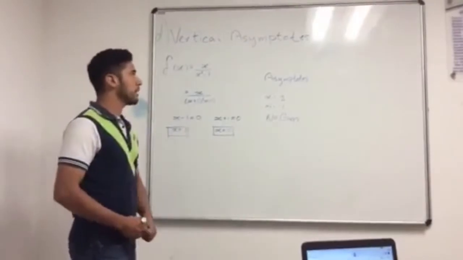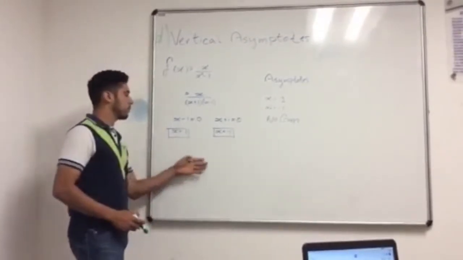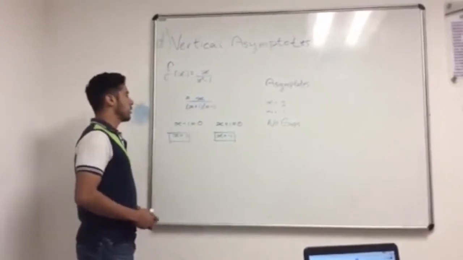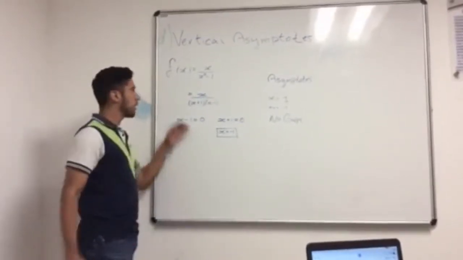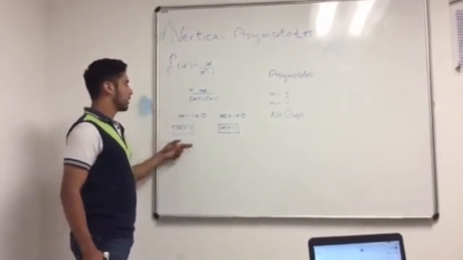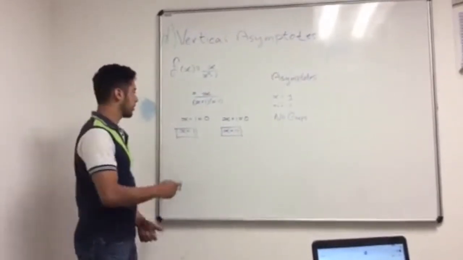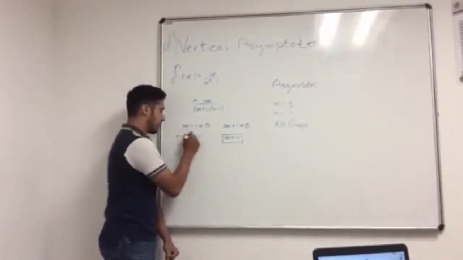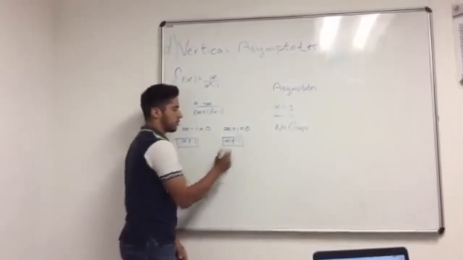Well, to obtain the vertical asymptotes, we first have to know the restrictions. In order to obtain the restrictions, we have to factorize the denominator of the function, and we obtain that x can be 1 and minus 1.